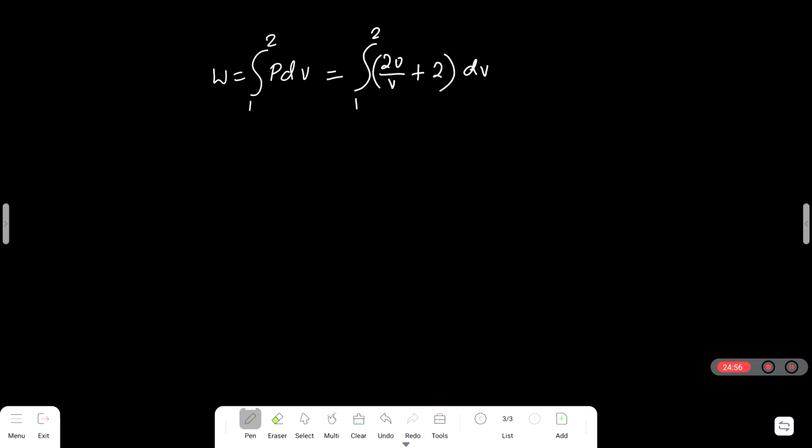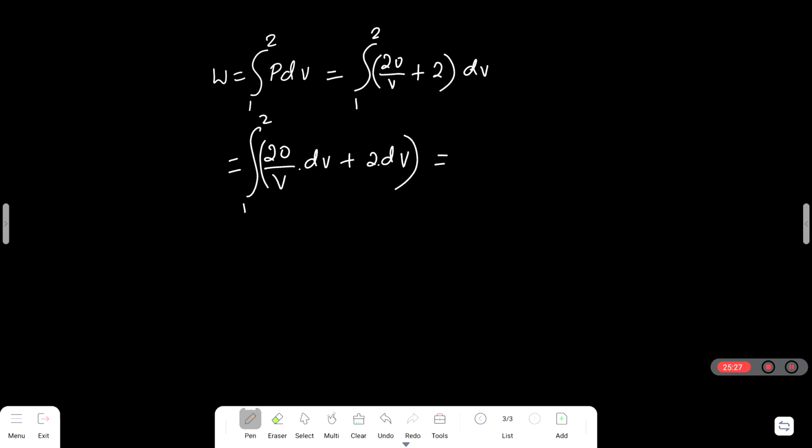Can we go for integration? Definitely. Very simple integration. So first 20 by V dV plus 2 dV. I have multiplied dV with both the terms, and we'll integrate the entire thing. Now what is the integral?